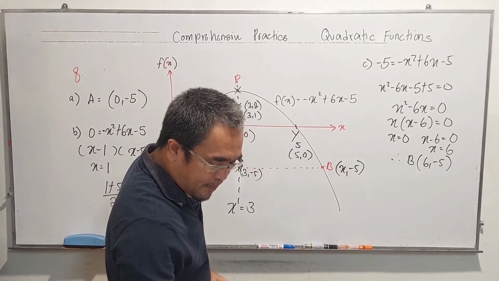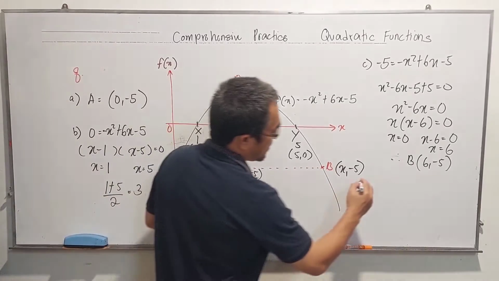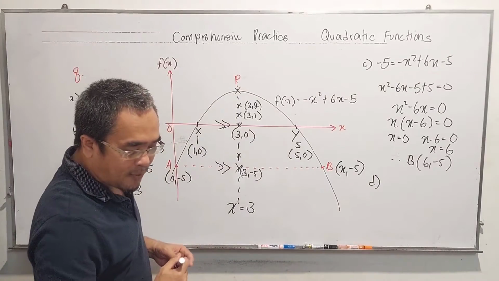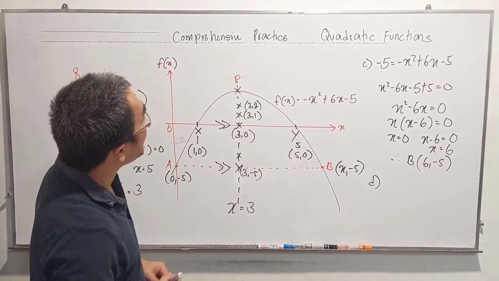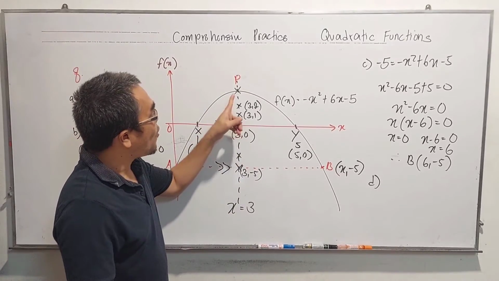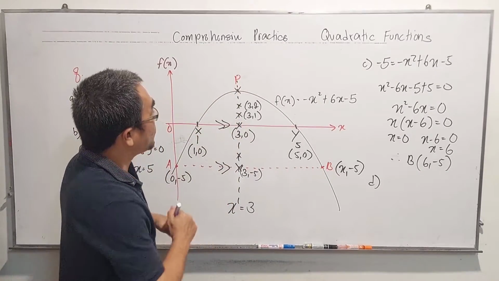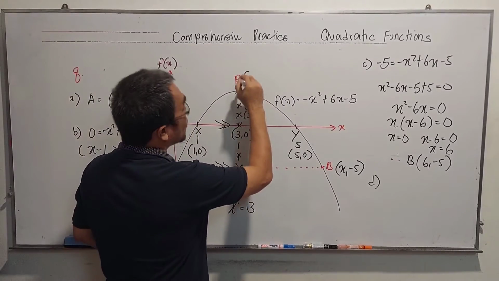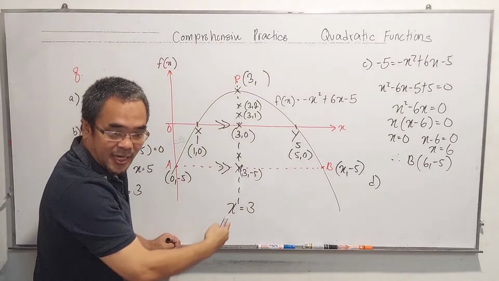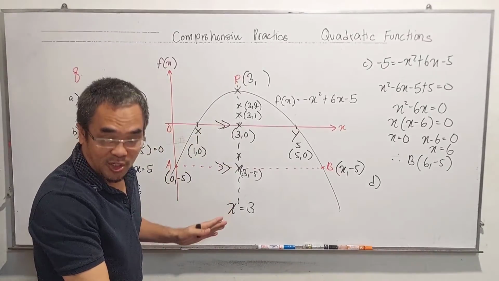And the last one, D, the maximum point. The coordinate of the maximum point P, in this case, since we already know the x for the coordinate, so for P, the x is also 3, because along the axis of symmetry, the value of x does not change.